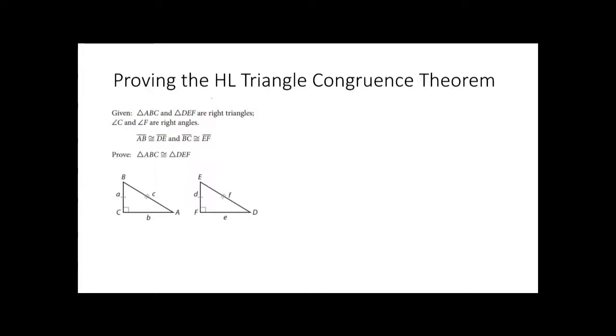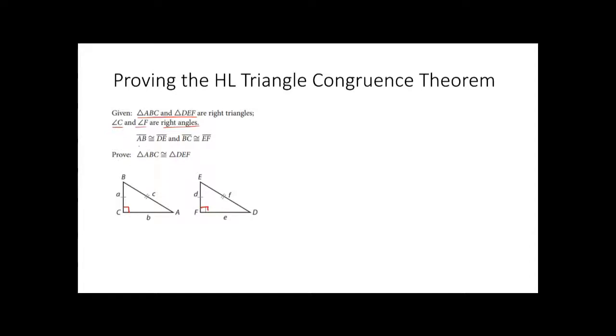All right, so proving this. We have that these are right triangles. That's good to know. So 90 degrees, 90 degrees. That was given. And then C and F are right angles. That was also given, which makes sense because they're both 90s.